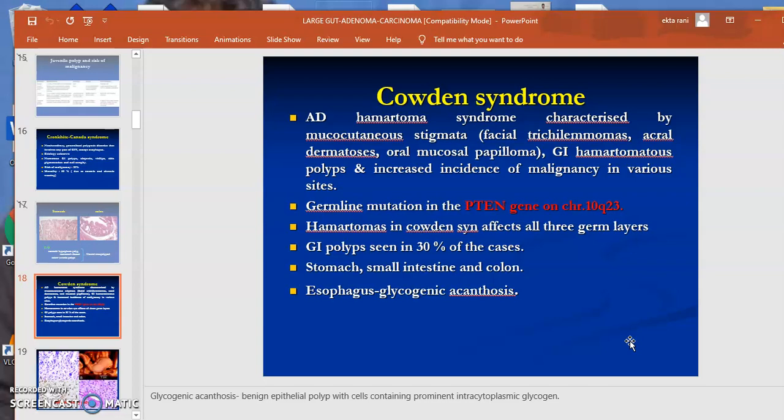GI polyps are seen in 30% of the cases. Stomach, small intestine, and colon may be affected. Esophagus has glycogenic acanthosis, meaning epithelial polyps with cells containing intracytoplasmic glycogen.